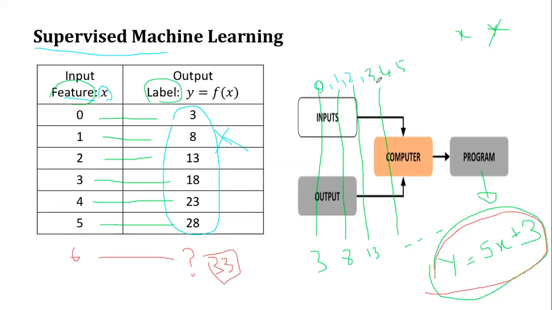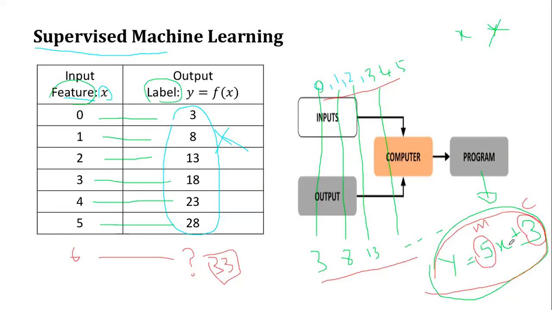For a number of data points, we supervise the computer and we make it learn. Learn means to find these parameters, slope and intercept. Learning means it finds this relationship, how 0 becomes 3, how 1 becomes 8.